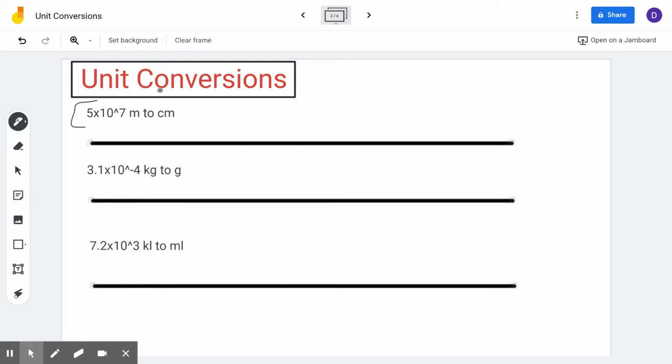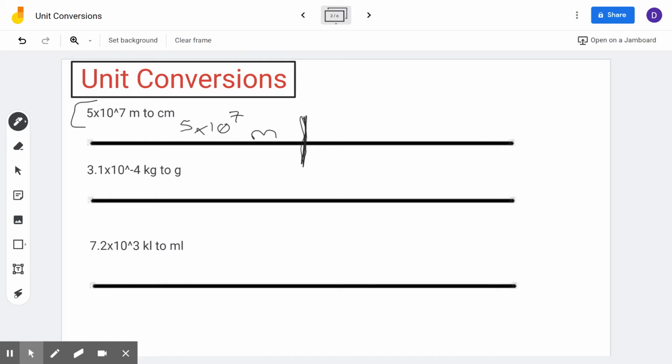Well, what you do, and this is just one conversion thing, so what you do when you're doing a unit conversion, or people call it different things, but that's what we're going to go with, is put what we start with right here, 5 times 10 to the 7th, and you want to be in scientific notation when you're doing this, meters, and we're going to change that to centimeters.